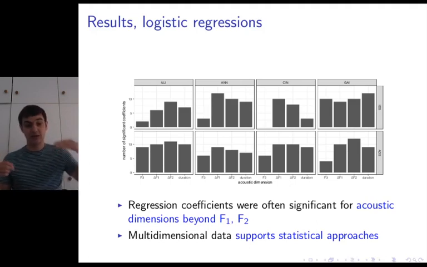So if it was the case that all 14 of these categories depended on the acoustic variables that are listed here, from left to right we've got the third formant, the 2 dynamic formant measures, and finally duration, what we see is that quite often in these models there were significant regression coefficients for each of these dimensions across a wide number of categories. So this does support Zwingli's point that multi-dimensional data does support statistical approaches to learning in infancy.